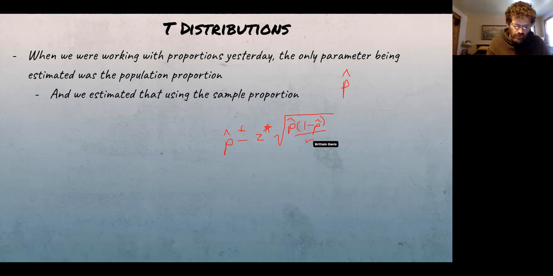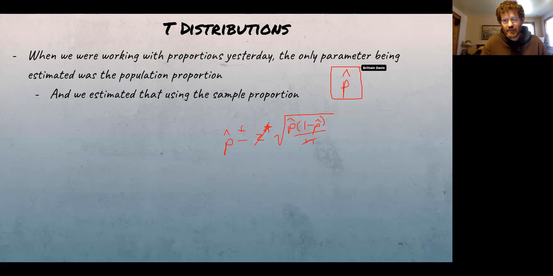Ignoring the critical value, which is defined based on our confidence level, and n, which is a known value based on the sample size, the only value we need to calculate the confidence interval is p hat. There's only one source of error, one source of uncertainty.